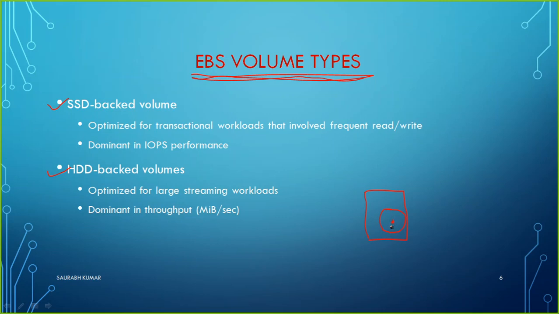The platter is like a small disk. On top of the platter the data is stored, and there is a read-write head on top of it, which reads and writes the data on the platter. This type of hard disk comes under the category of HDD backed volume. The volume which we create on this kind of hard disk is an HDD backed volume.